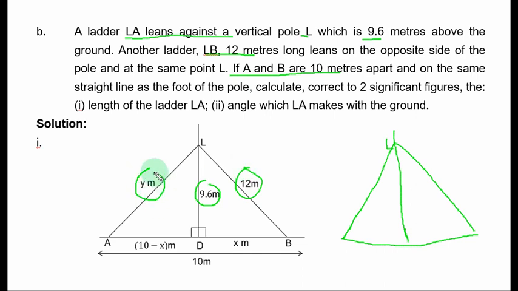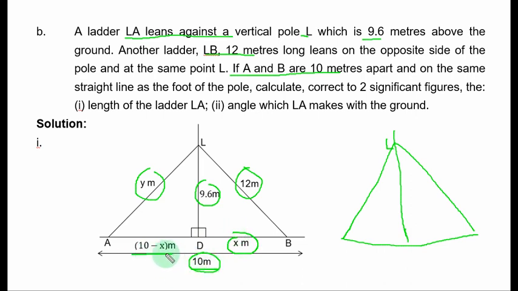Now you are asked to get the length, that is considering triangle LDA. So AD is needed. The whole of the length AB, that is 10, cannot be used as AD. From the information, it is easier to get BD because in triangle LDB, two sides are known. So if we get this side first, which is S meters, you subtract it from 10.